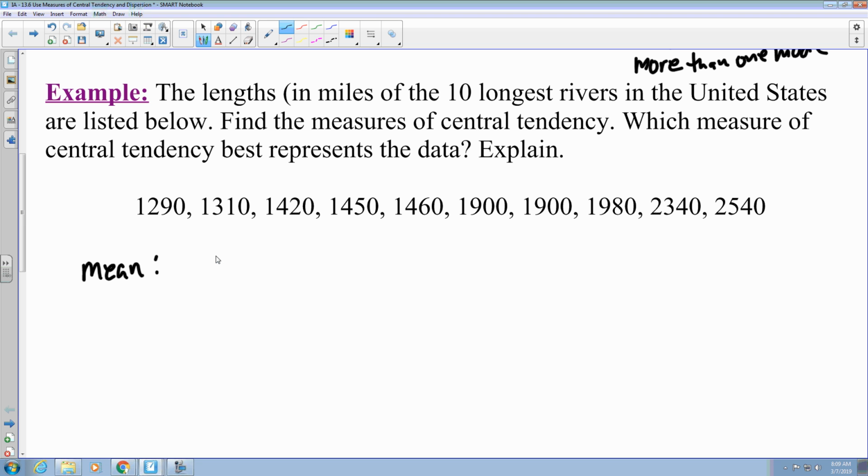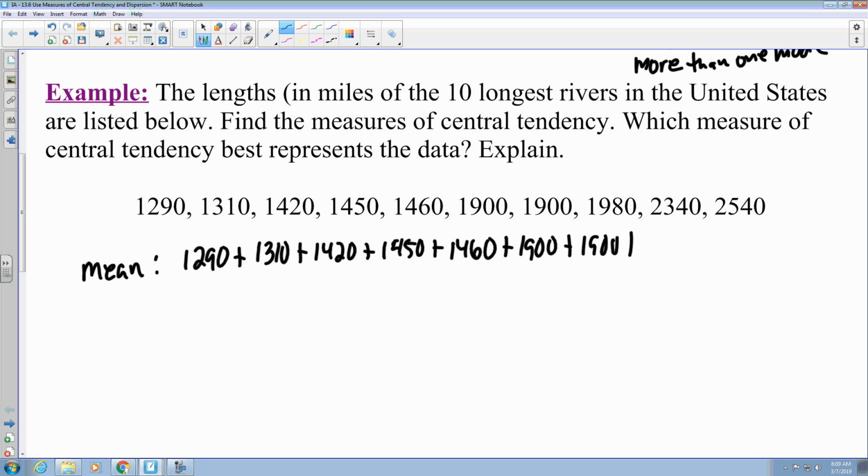In order to find the mean of this data set, you take all of these values and add them together: 1290 plus 1310 plus 1420 plus 1450 plus 1460 plus 1900 plus 1900 plus 1980 plus 2340 plus 2540.